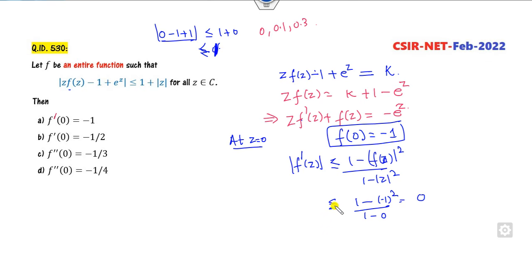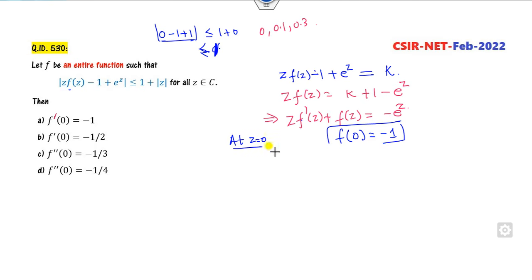So the modulus of f dash is less than or equal to that, but we need it exactly. Okay, we need an exact value. So how can we solve that? I can skip this part. I can find the value of f(z) from here: k plus 1 minus e raised to power z over z.